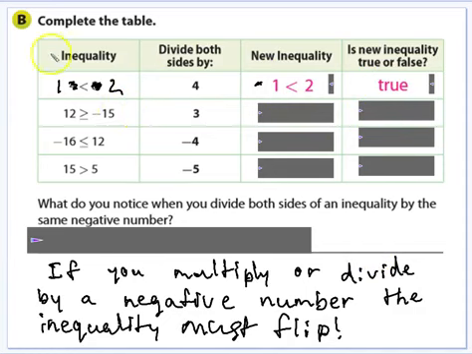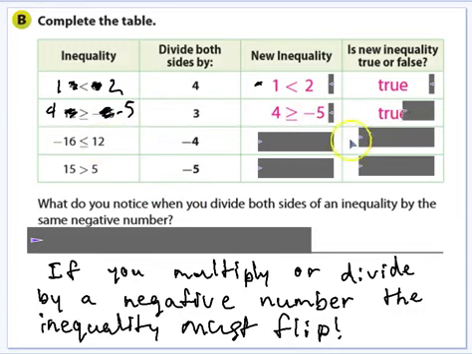We do the same thing here. 12 divided by 3 is 4. Negative 15 divided by 3. The 3 is positive, so we're dividing by a positive 3, so it's negative 5. It stays negative, but that doesn't make the inequality switch. So there's a new inequality. 4 is greater than or equal to negative 5. Is that true? Yeah, that's true.